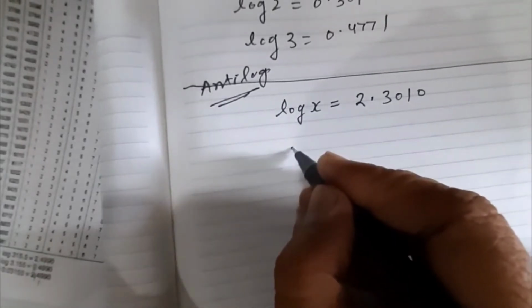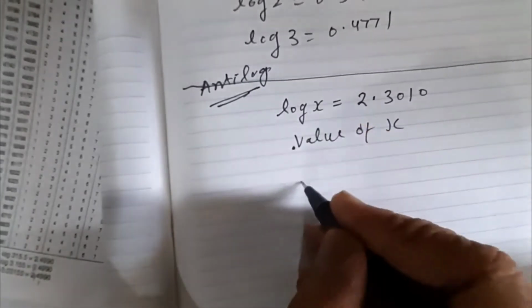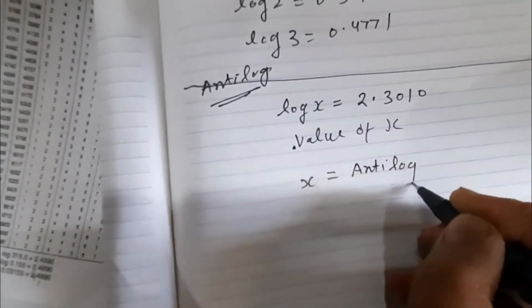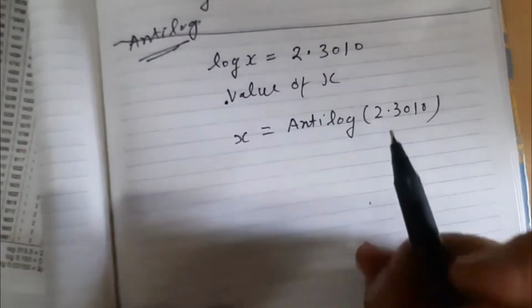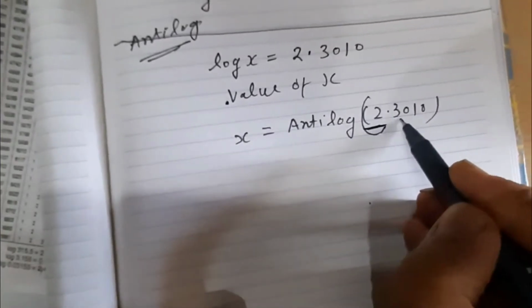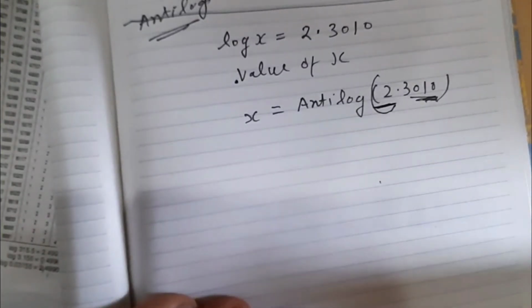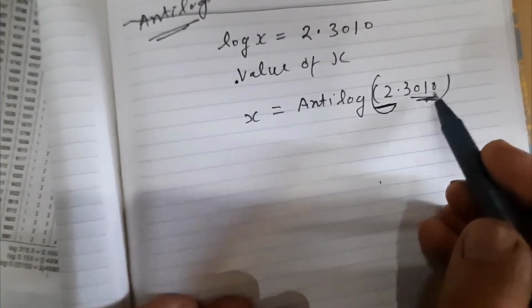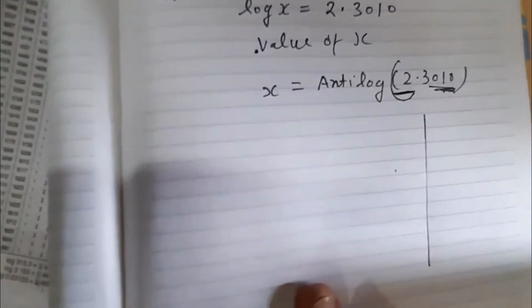Our aim is to find the value of x, and for that we take the anti-log of 2.3010. For anti-log, this part is the characteristic and this is the mantissa. First you see the characteristic: it is used only for putting the decimal. The mantissa here is .3010.